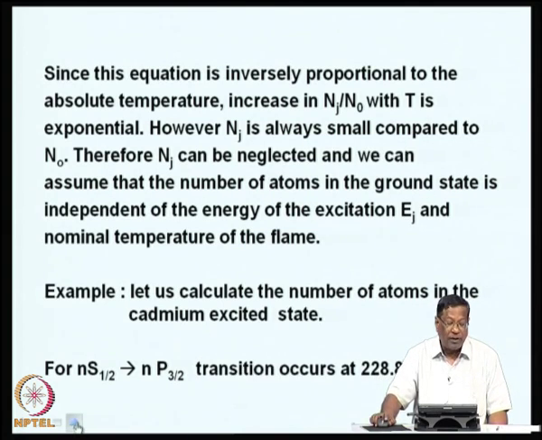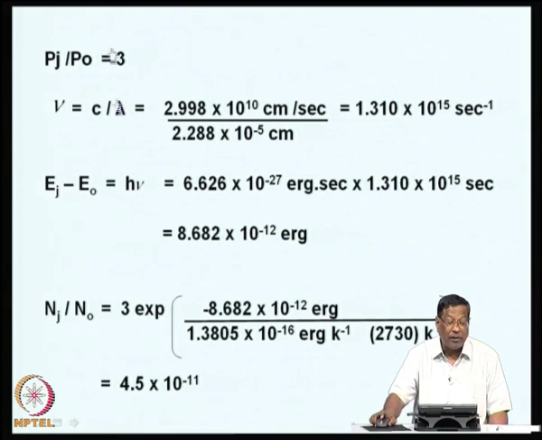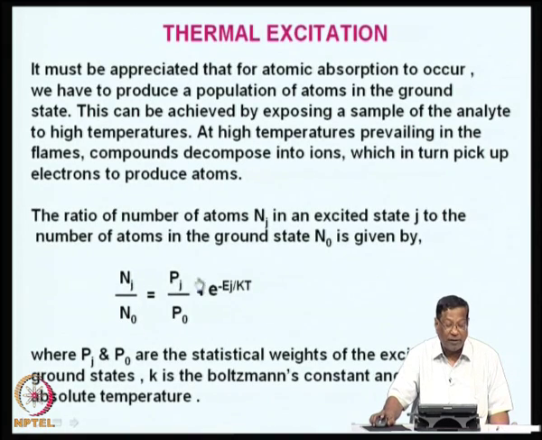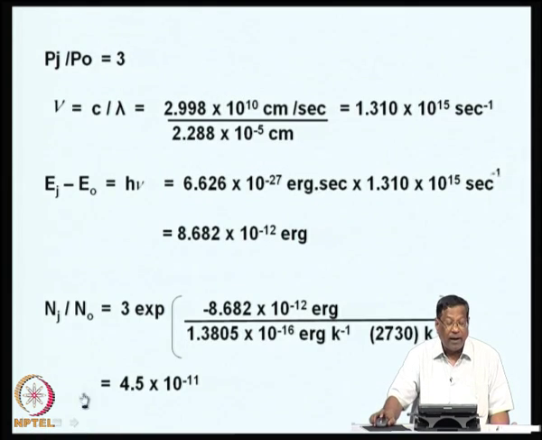So, this information is available from the experiments. Now, for most of the elements Pj by P0, that is the statistical probability, is 3. So, we introduce these numbers, Pj by P0, Ej, kT etcetera, into this expression, and then we know the wavelength.